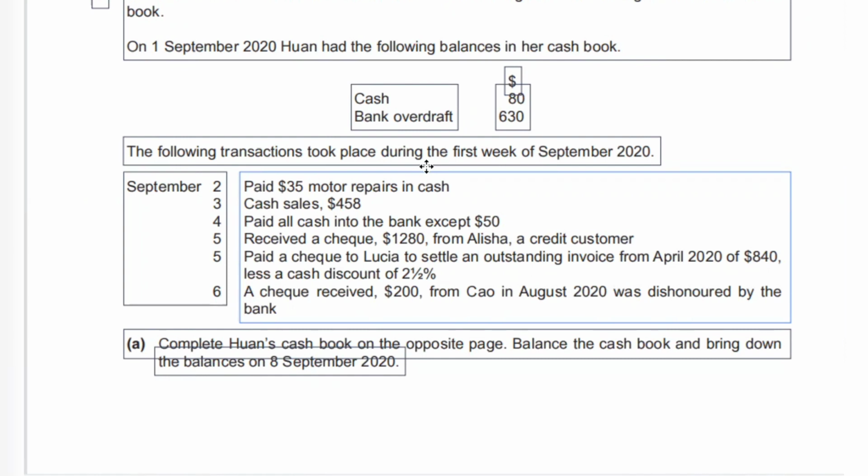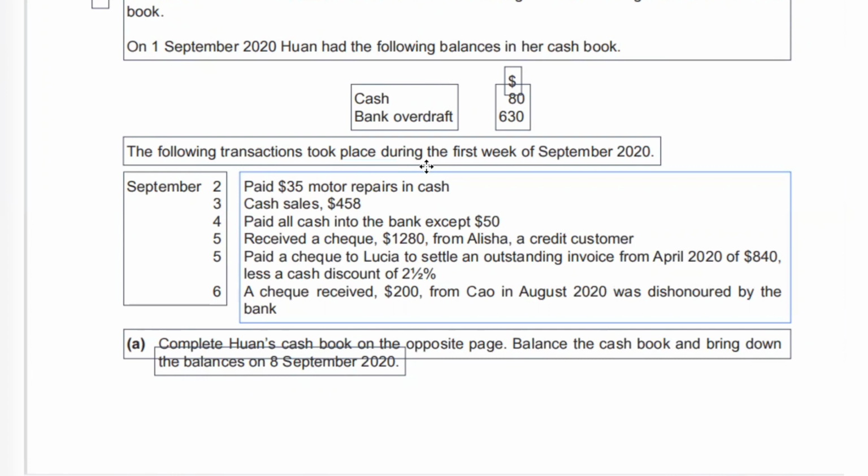Then we have paid a check to Lucia to settle an outstanding invoice from April 2020 of 840 less a cash discount of 2.5%. Lucia is a credit supplier. We owed her 840. Now we have paid her after deducting 2.5% on 840.